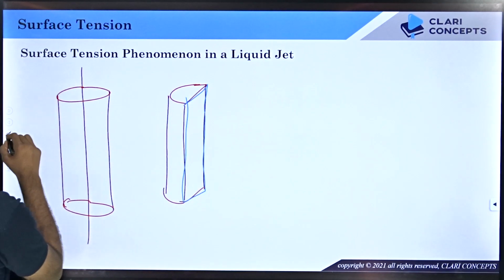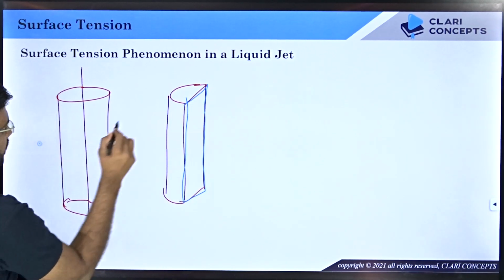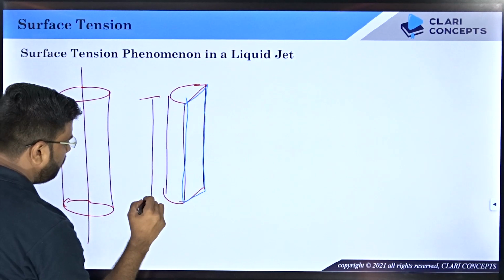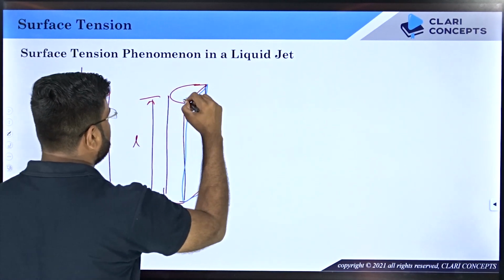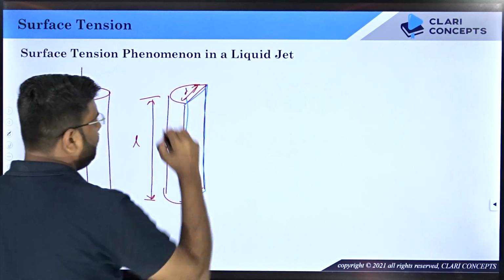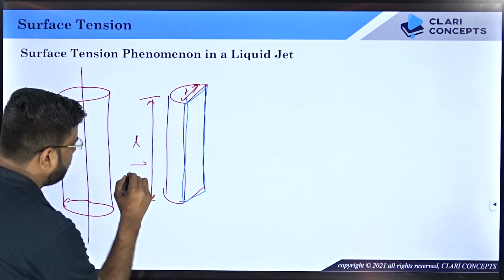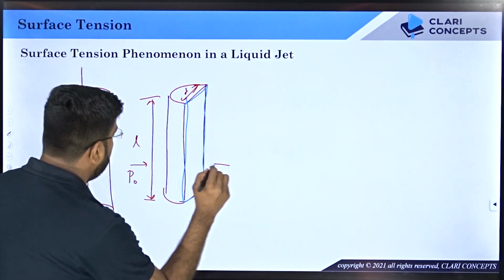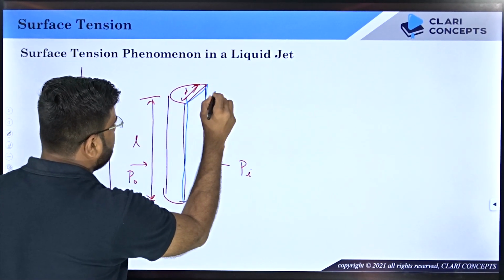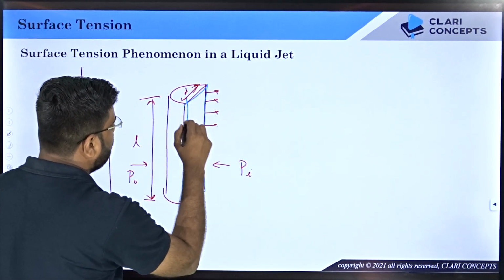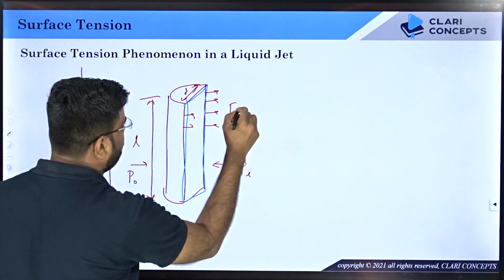Now let me assume that the length of the jet is, let's say, L, and the diameter, let's say this is the diameter, is D. Now again the pressure outside is PO. Pressure inside the jet is PI, and the surface tension will be acting on the boundary, and the force is, let's say, Fs, right?